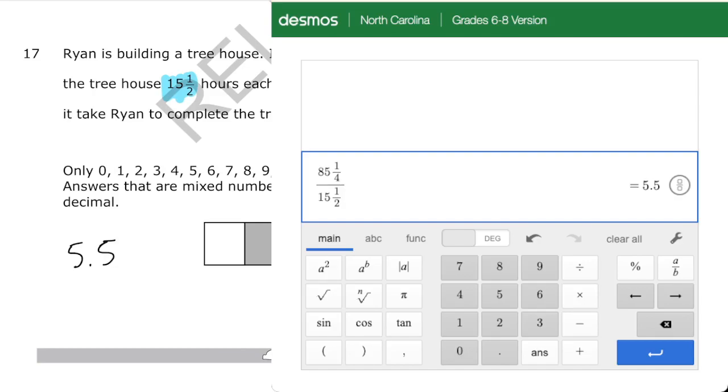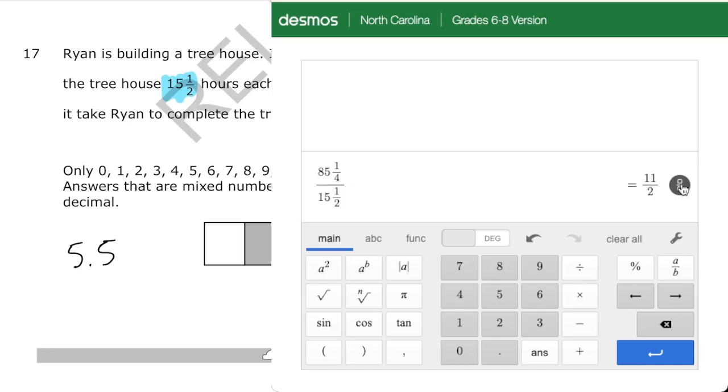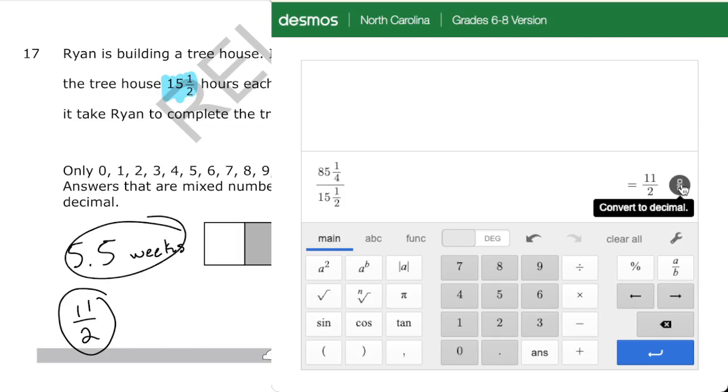But if it asks us to represent that as a fraction, this little button right here next to your answer, your solution, will convert back and forth between fractions and decimals. So we could call it 11/2 as well. All right. But for this, I think 5.5 weeks would be satisfactory.